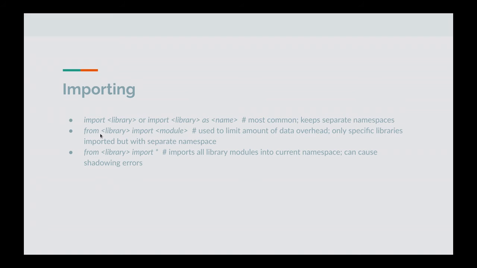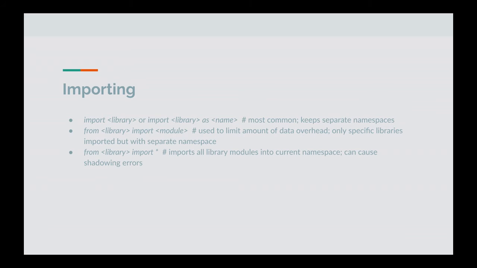From library, import a specific module, which usually means, for example, from math, import square root or import cosine. That would be an example of taking a certain part of a library and importing only that into your program. The reason to do that is it limits the amount of overhead that you're not going to be using, so you don't need to worry about the memory space for it.